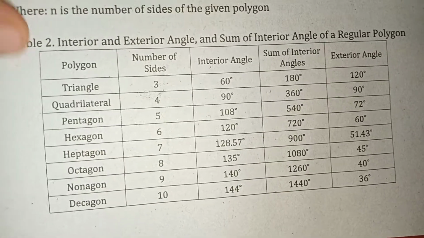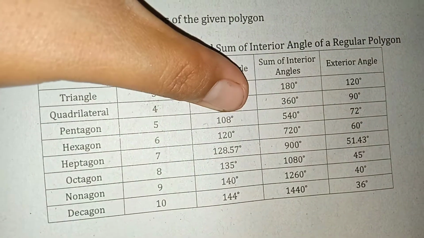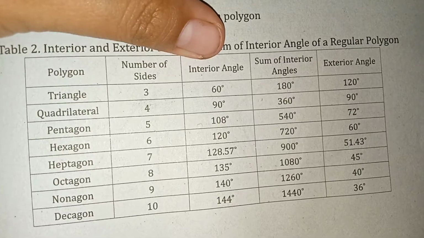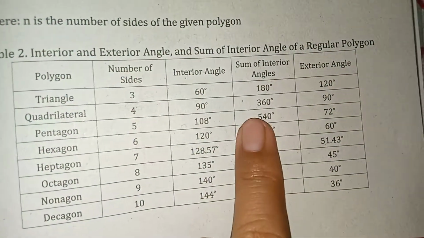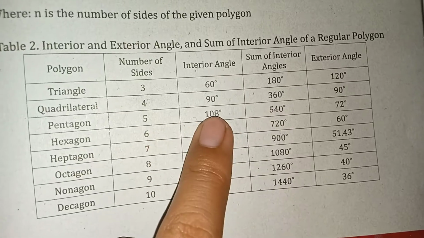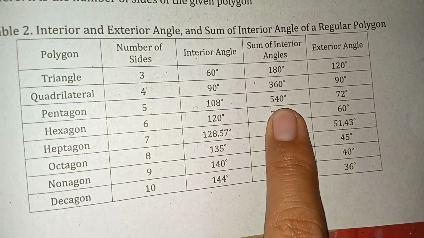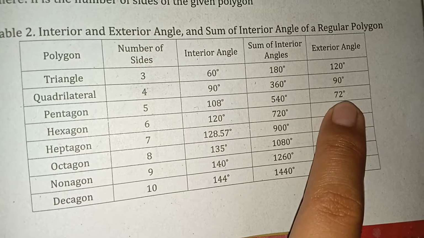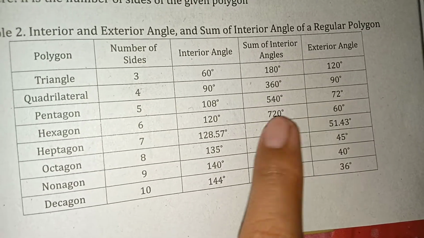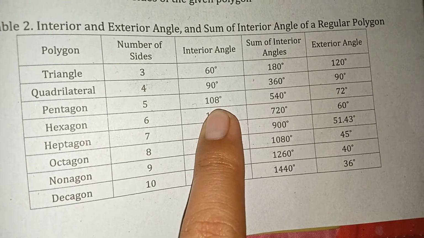Then the pentagon, with 5 sides. We solved earlier that its interior angle is 108 degrees. The sum should be 180 degrees times 5, which is 540 degrees. The exterior angle is 72 degrees, because 72 plus 108 is equal to 180.